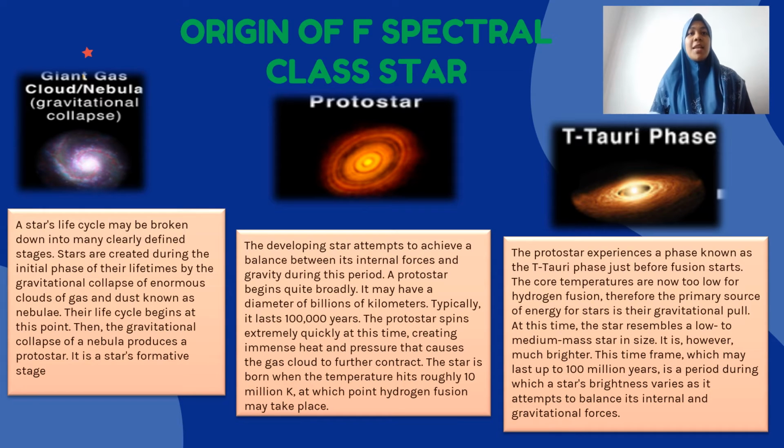At this time, the star resembles a low to medium mass star in size. It is, however, much brighter. This time frame, which may last up to 100 million years, is a period during which a star's brightness varies as it attempts to balance its internal and gravitational forces.